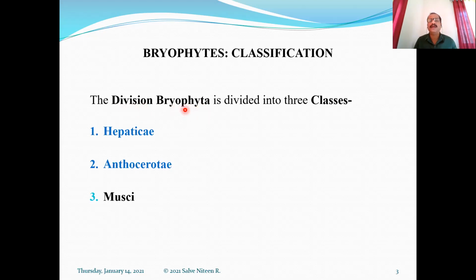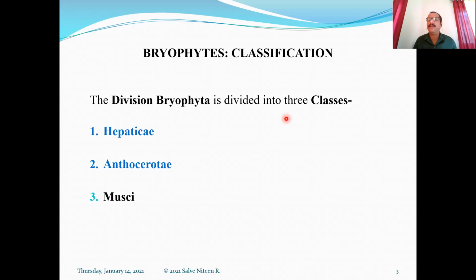So Bryophyta is a division, as per the rules of ICBN. And in 1959, ICBN also suggested that the names of the classes of Bryophytes should end with another term, that is opsida.